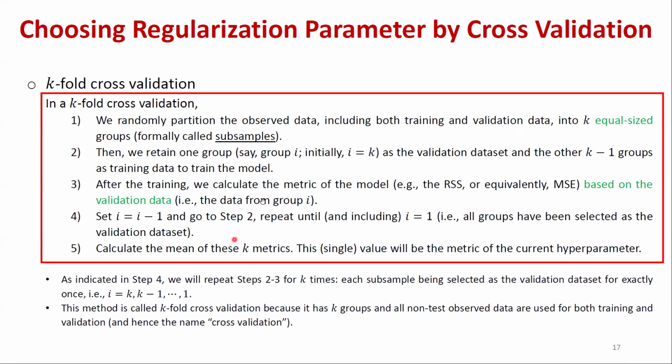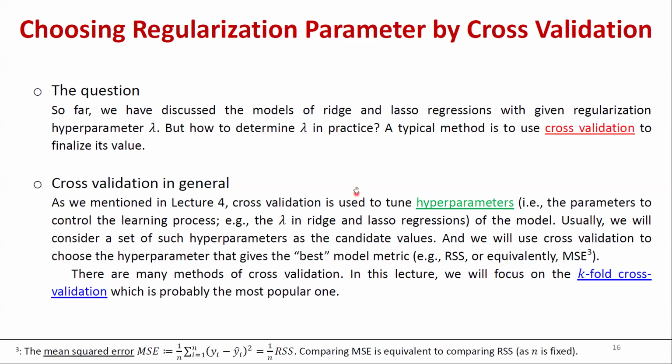So here are the ideas or the steps. The k-fold cross-validation is, first of all, we partition the observed data, including, be careful, both training and validation data. Here, by the way, one thing I do need to mention is I do not discuss the test data here.